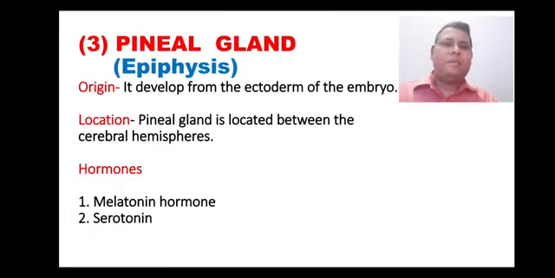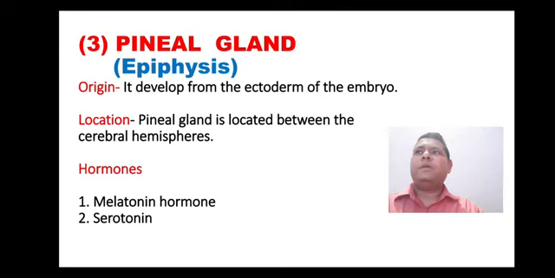Next endocrine gland is the pineal gland. The pineal gland is also known as the epiphysis. The pineal gland has a mass of 0.1 to 0.2 grams. Origin: it develops from the ectoderm of the embryo.